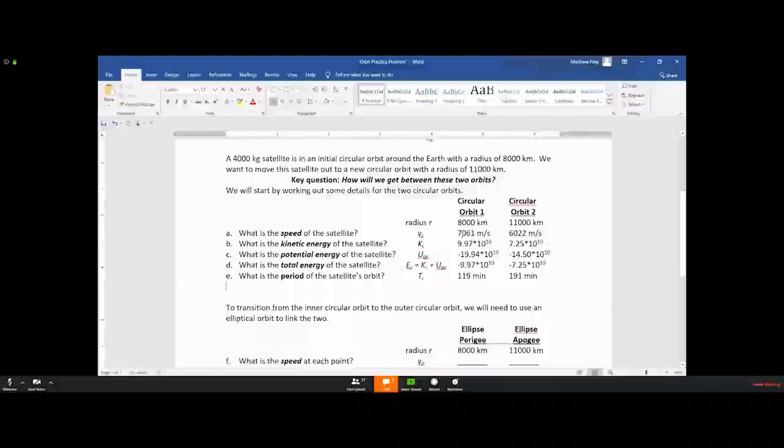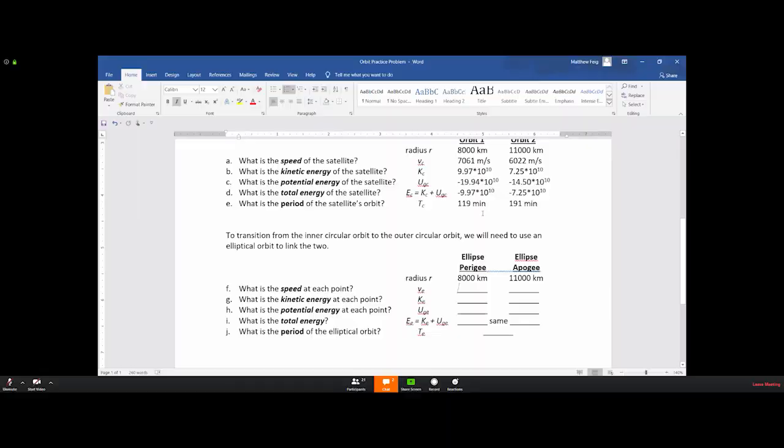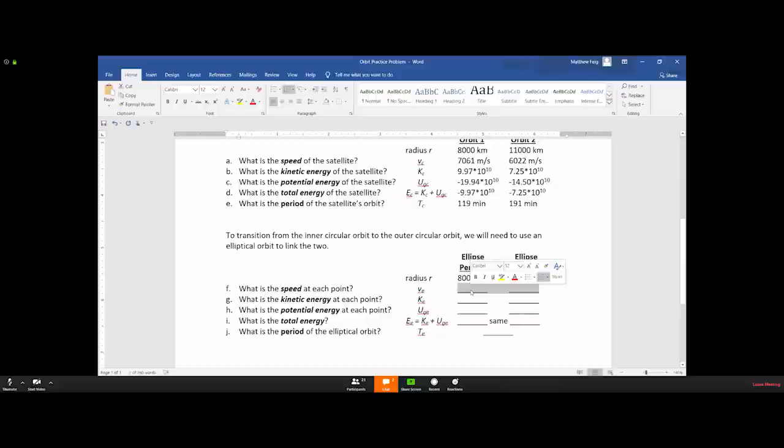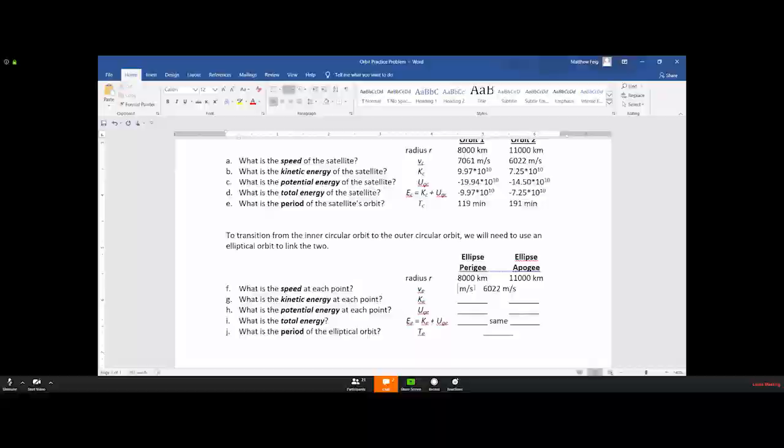I'm just going to fill in the speed at both points, because if I could get the speed at both points, I'd be in pretty good shape. Now, these are not the answers. I'm just going to highlight these and paste them here to get me started, because they're going to be around the right speeds. But I want to see what this actually ends up being. It's going to be something a bit different.